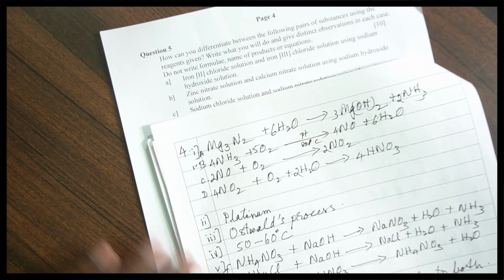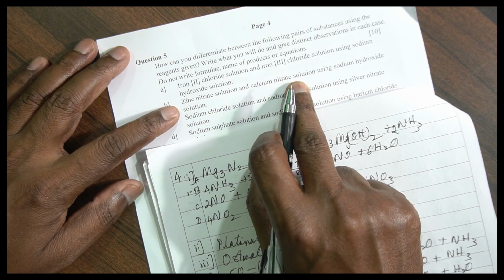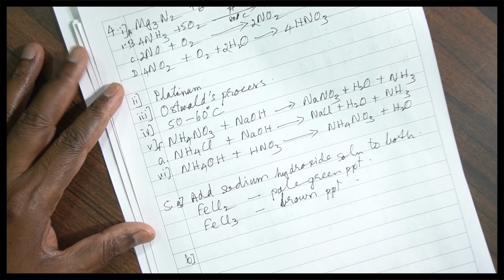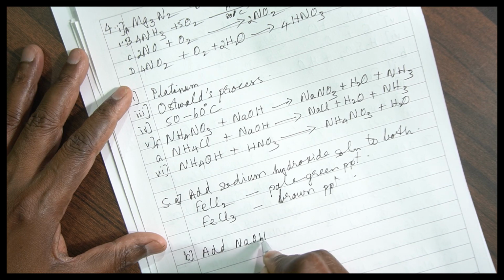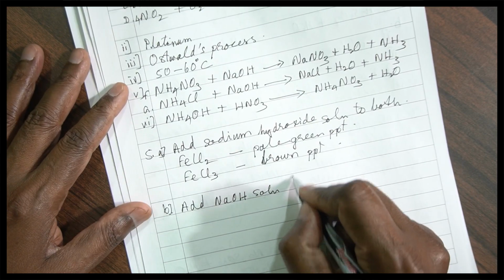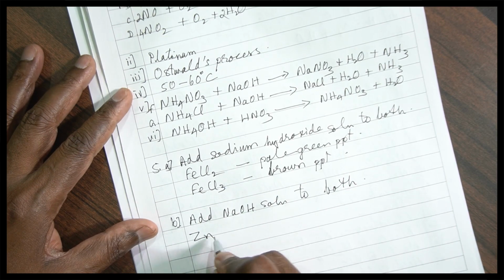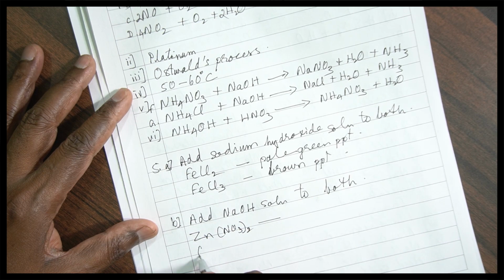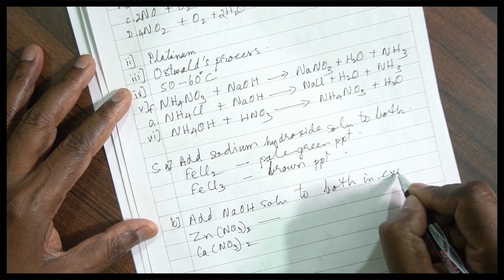Now part B. Part B is zinc nitrate solution and calcium nitrate solution. Both have nitrate. The difference is zinc and calcium, using sodium hydroxide solution. So what you will write: add NaOH solution, sodium hydroxide solution, to both. Now zinc nitrate solution, Zn(NO3)2, and then calcium nitrate, Ca(NO3)2. You will add NaOH solution to both in excess.